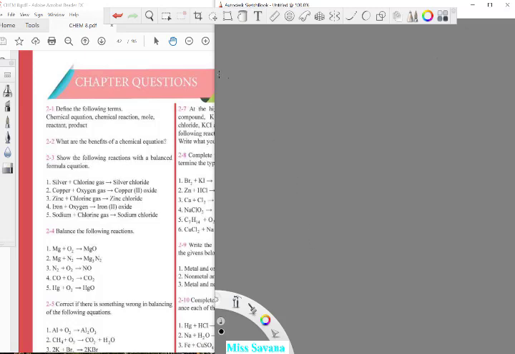The next question is actually pretty simple. He already gave you the element and the compound. All you have to do is do the balancing thing. So you have Mg plus O2 and you have MgO. Whenever you see this, everything you have to do is pretty simple, because the Mg is 1, the oxygen is 1, here the oxygen is 2 and the Mg is 1.